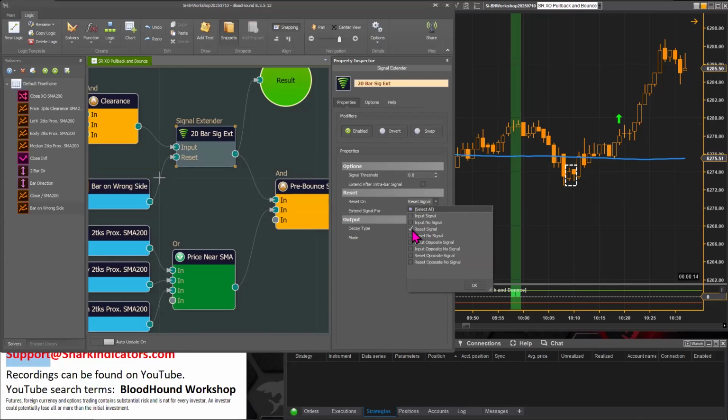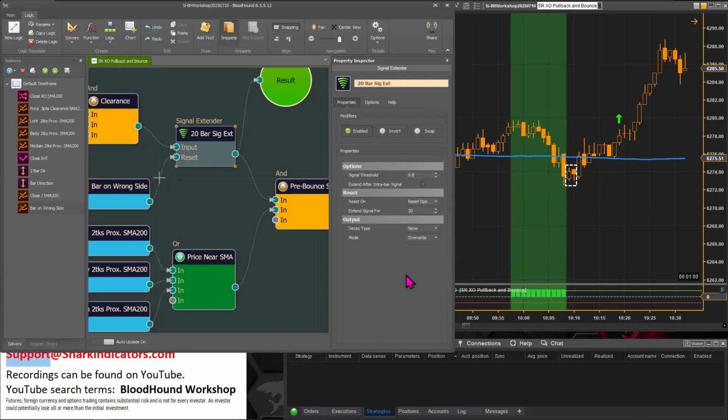Oh, actually, no, that was wrong. It looked like it did what we wanted, but not really. We want reset opposite signal. There we go.